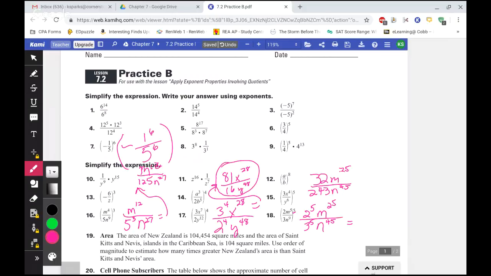What is 1 to the 6th power? No, 1 to the 6th power is 1. 1 times 1 times 1 times 1 times 1 times 1 equals 1. That's how that goes. Does everybody understand that?